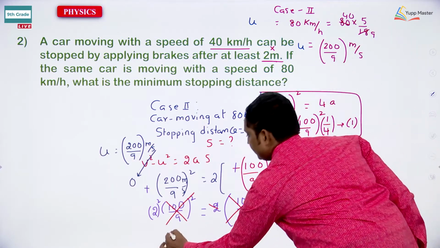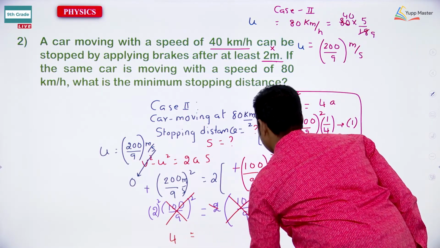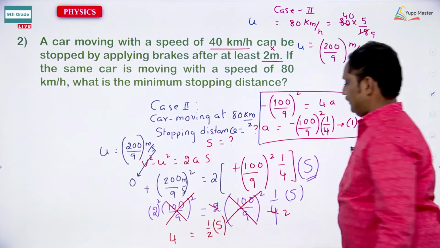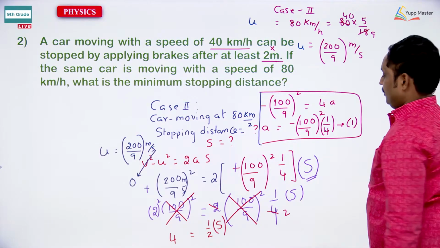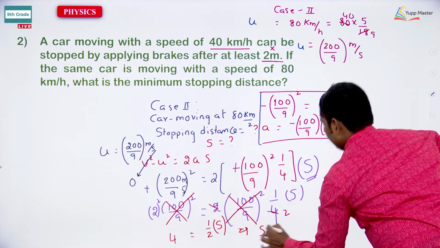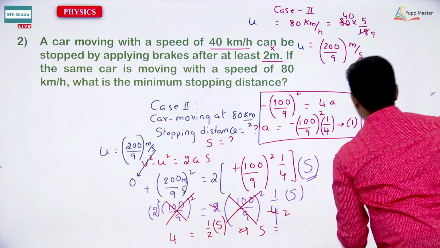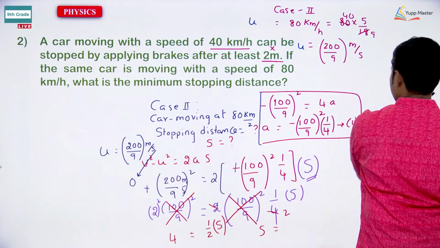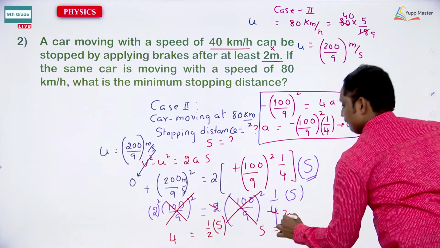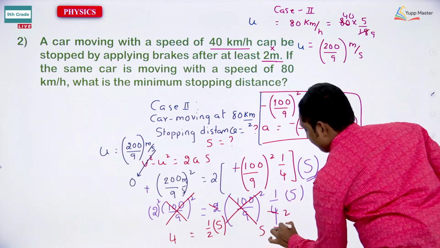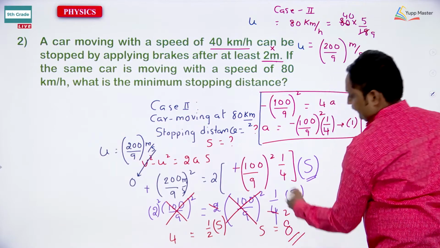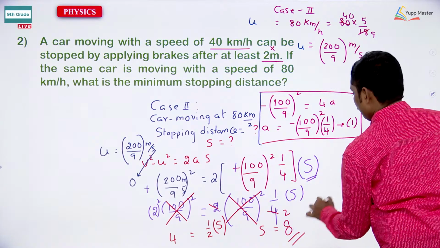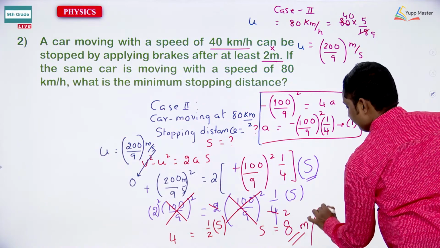So 4 is equal to 1 by 2 into s, finally you are getting this, that implies s is equal to 8, and after getting the units, s is equal to 8 meters.